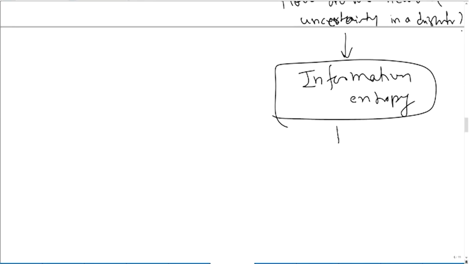Let's say you have a probability distribution P, and let us consider a discrete random variable which can take values x1, x2, x3, x4 and xn. It has a probability assigner function f of x, which will assign these probabilities.